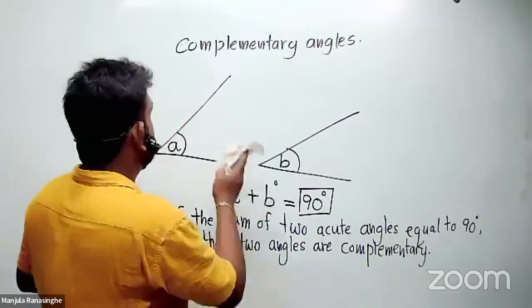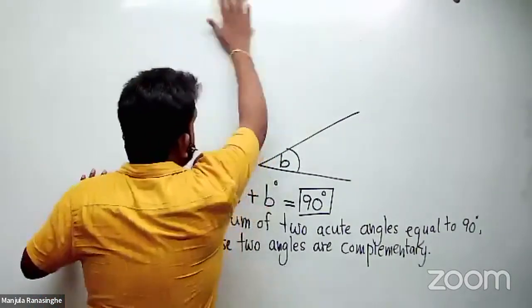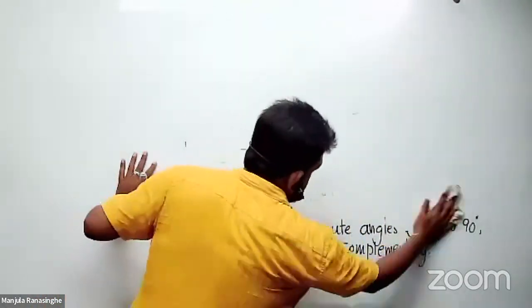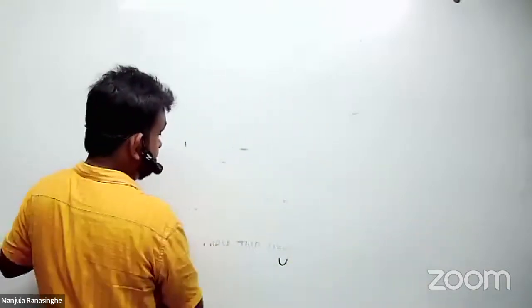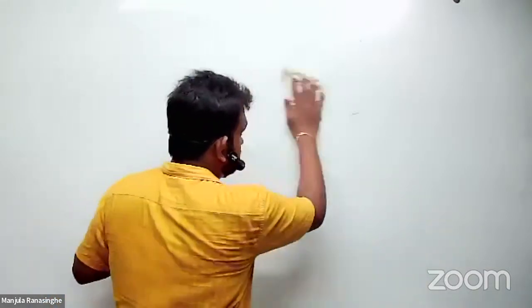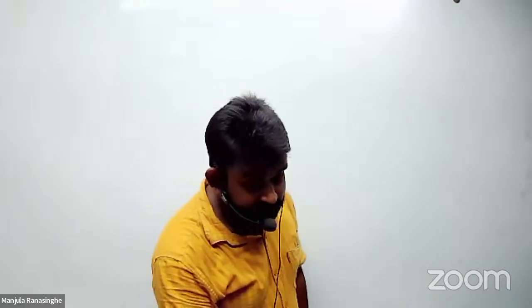Now I prepare a table to understand the complementary. To be complementary the sum should be 90 degrees. The sum of the angles shall become 90 degrees. Then only we can say that they are complementary angles.